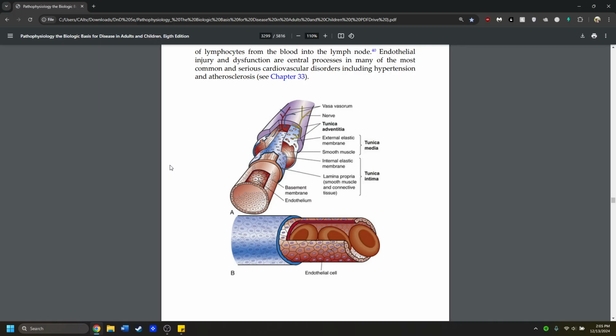So again, we see our vasa vasorum, the nerve, your tunica adventitia, or the outermost section. Then we have our tunica media, the middle section, and the tunica intima, the innermost section, which shows our basement membrane and endothelium.